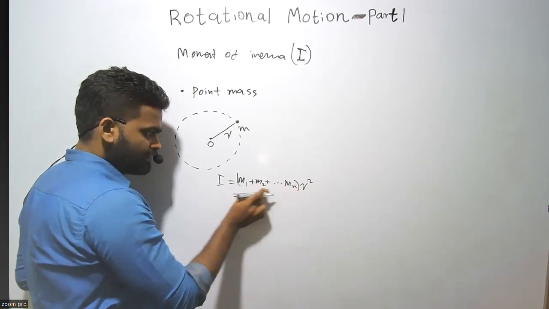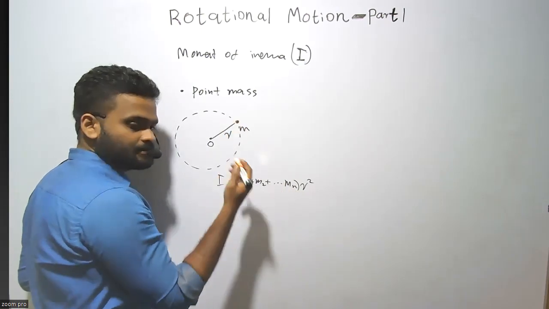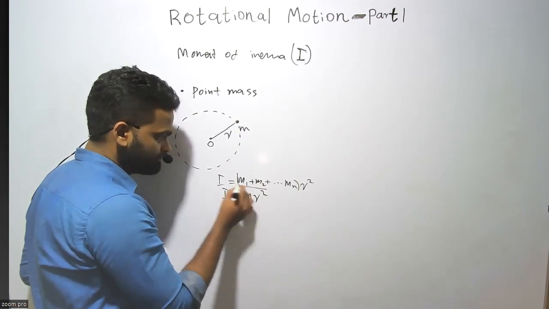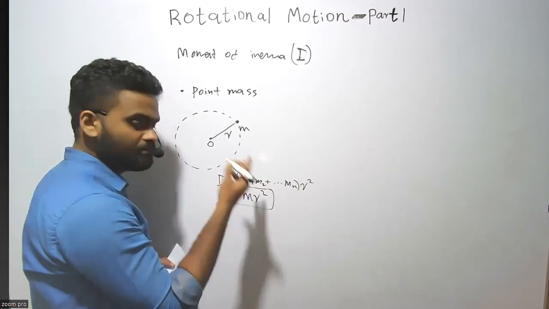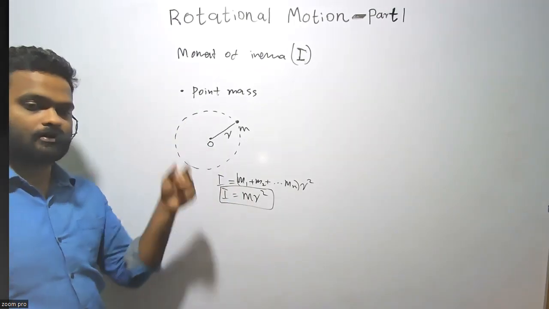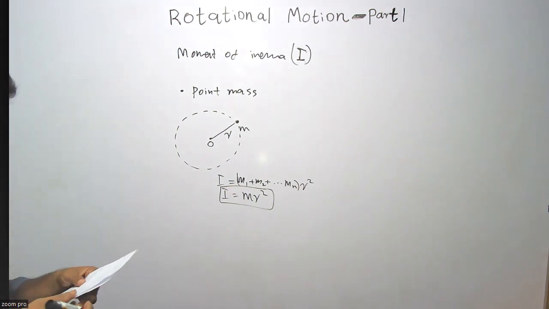Then when you add all these, it is equal to the mass. So mass times r squared. So mr squared is the equation you need to go for when you have a point mass.